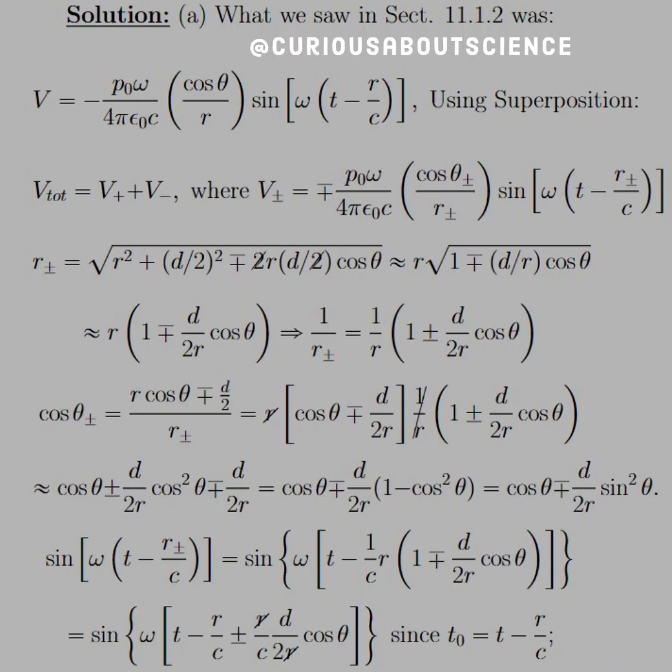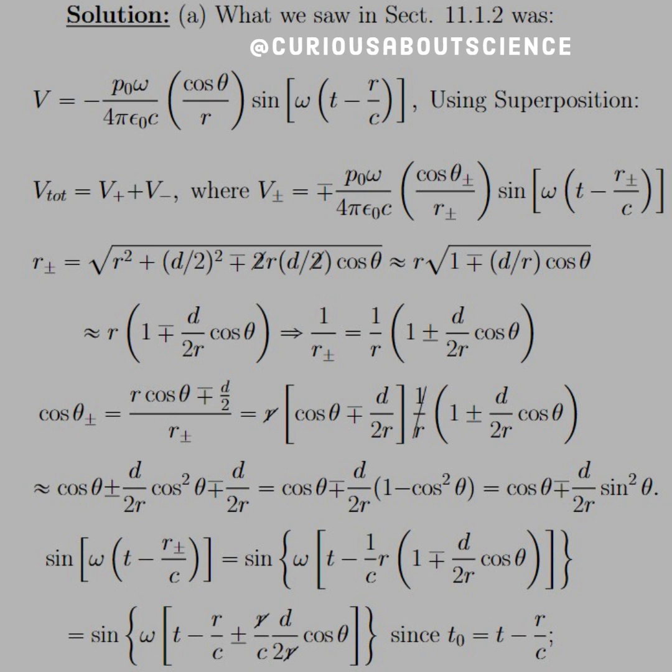All right, so for part A, we saw in section 11.1.2 that the potential was V equals negative p naught omega over 4 pi epsilon naught c times cosine theta over r times sine of omega evaluated at the retarded time t minus r over c. Okay, so using superposition, our goal now is to add the V at the plus and the V at the minus.